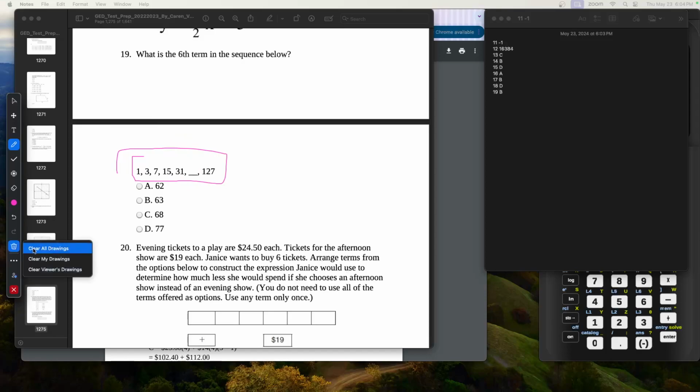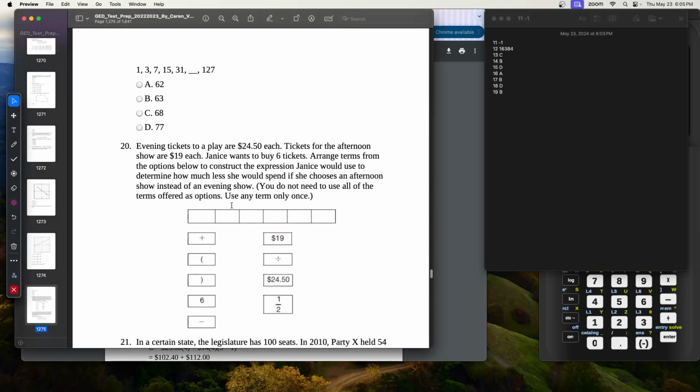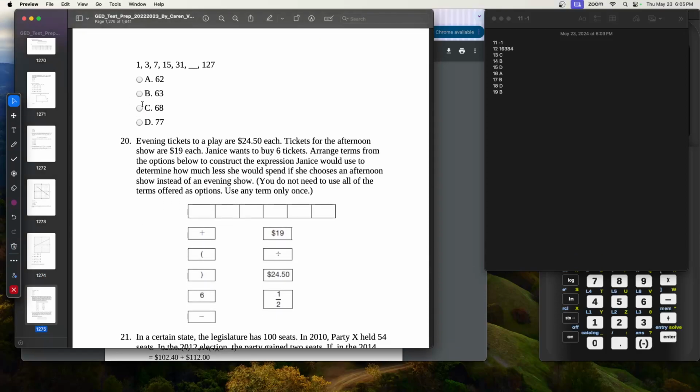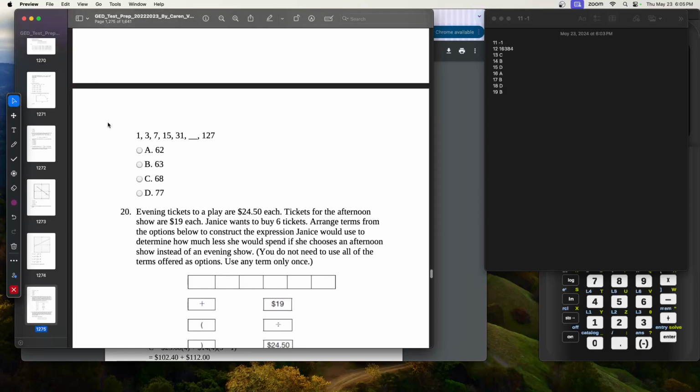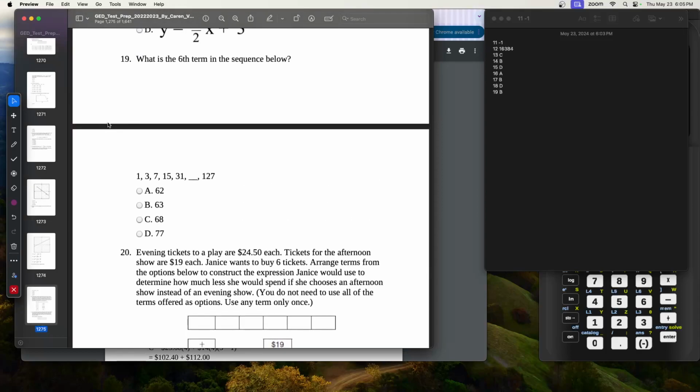But I think the GED is not going to be super complicated. They're just looking for plus 4, plus 8, plus 16, plus 32, plus 64. Pretty simple pattern. Does that make sense? This one's kind of a weird one. Here they just want you to find a pattern, and the first pattern that I see is plus 2, plus 4, plus 8, plus 16, plus 32.